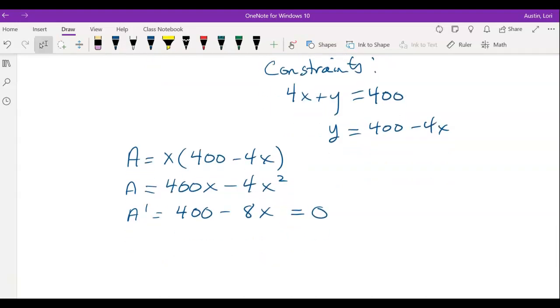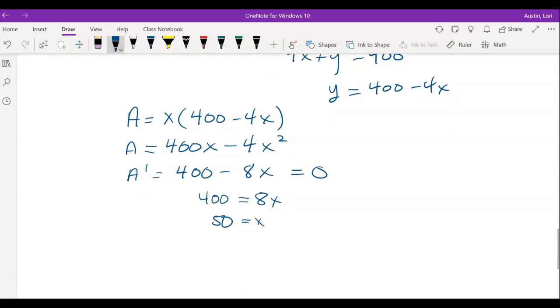And what's x equal? X is 50. Okay. And we know that y equals 400 minus 4 times 50. What's y equal? 100.